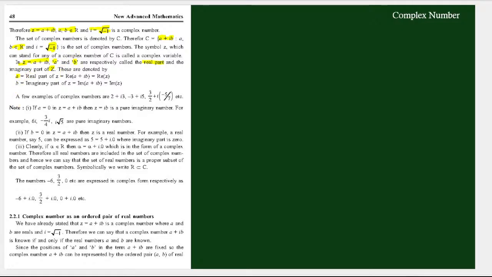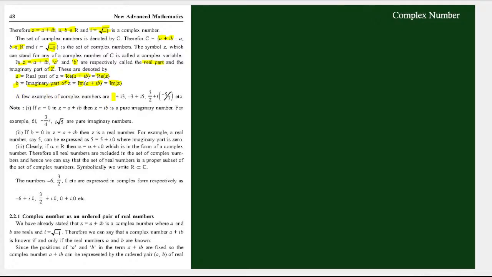So the real part a, real of a plus ib, is denoted by Re z, real of z. Then b is your imaginary part of z, imaginary is denoted by Im, capital I and small m, of a plus ib, or of z, so Im z.